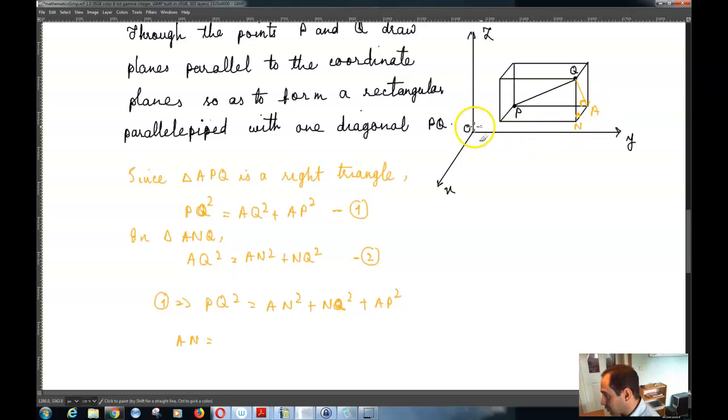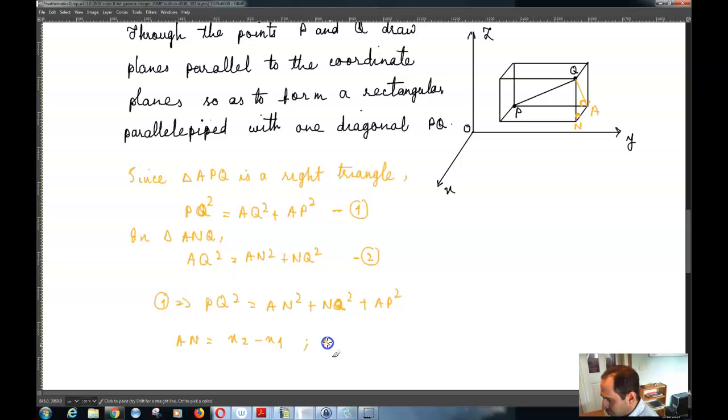They are along the same line, and you could trace them back to a single Y on the Y-axis. So the Z's are the same, the Y's are the same, and the only difference is in the X coordinate of these 2 points. So I can write the distance between A and N as x2 minus x1.